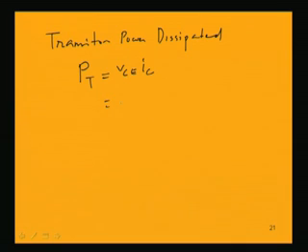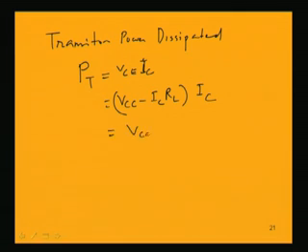What is VCE? We can write VCC minus IC RL, into IC, and that can be written as VCC IC minus IC square RL.